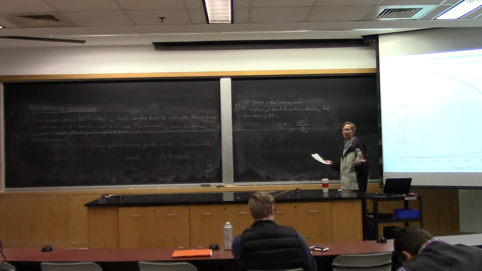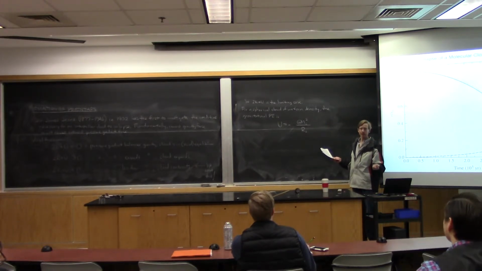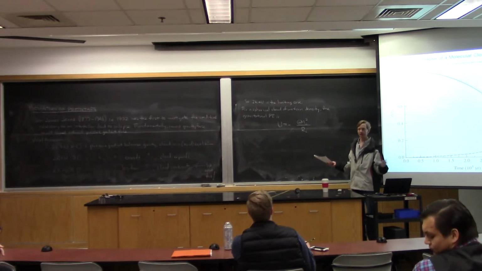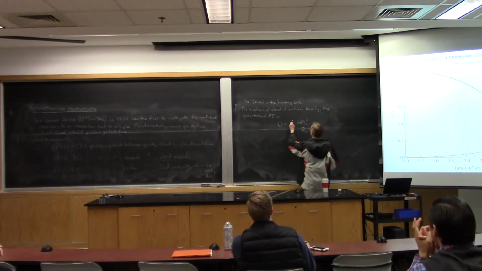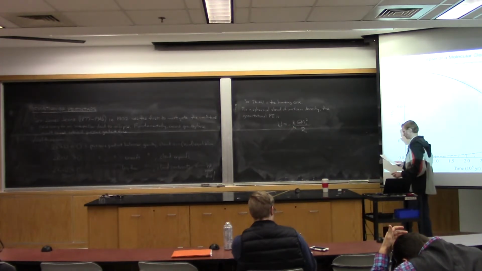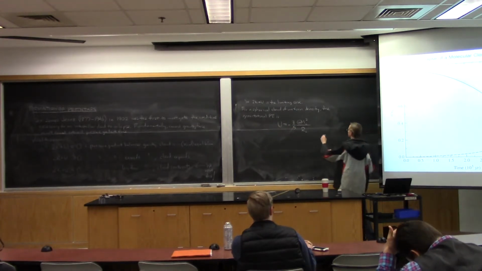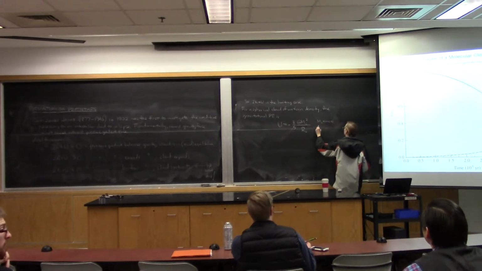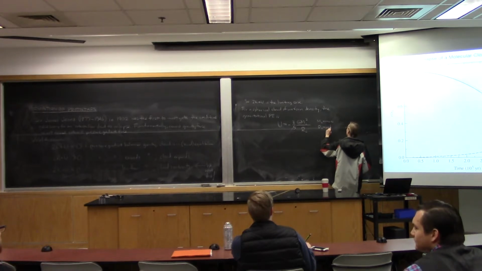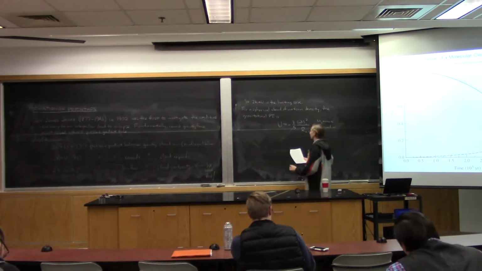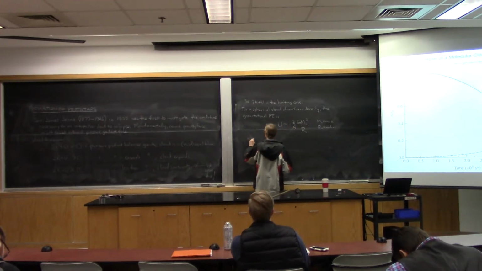And then there's got to be some factor out in front that takes care of the details: this is a uniform cloud, or the density varies in this way, that sort of thing. For a uniform cloud, the factor works out to be 3/5 out front. So that's the gravitational potential energy.